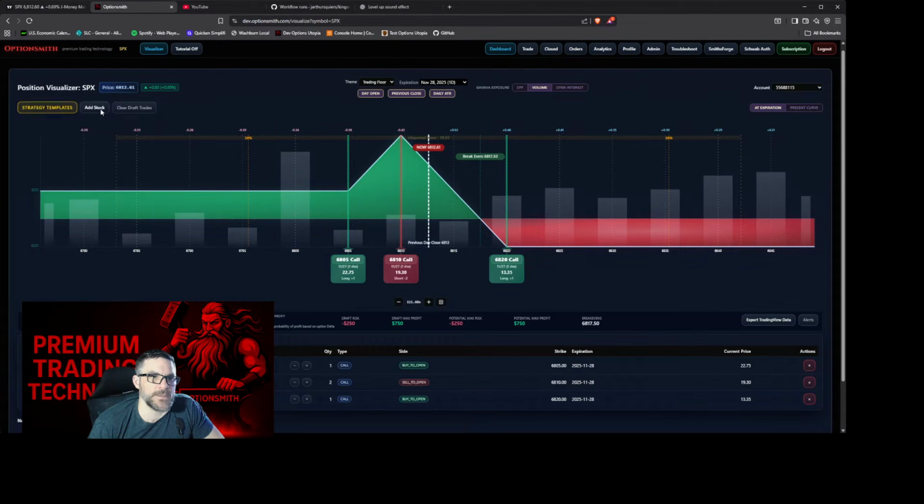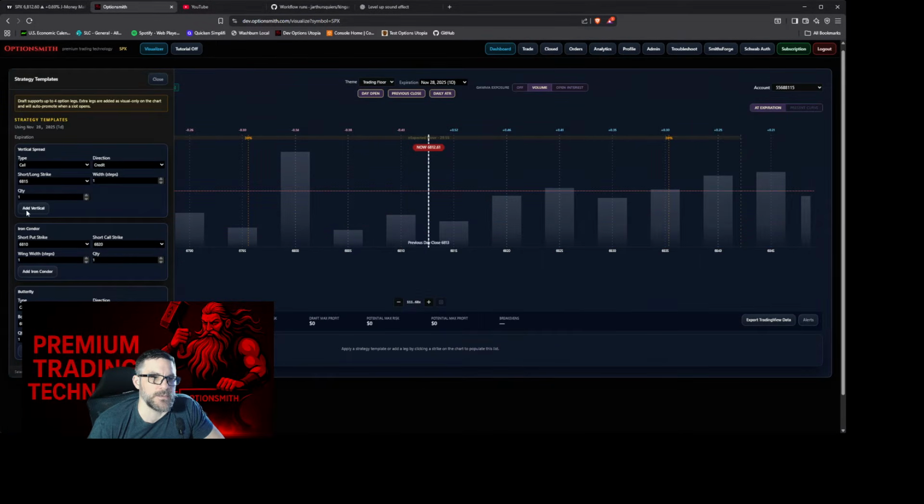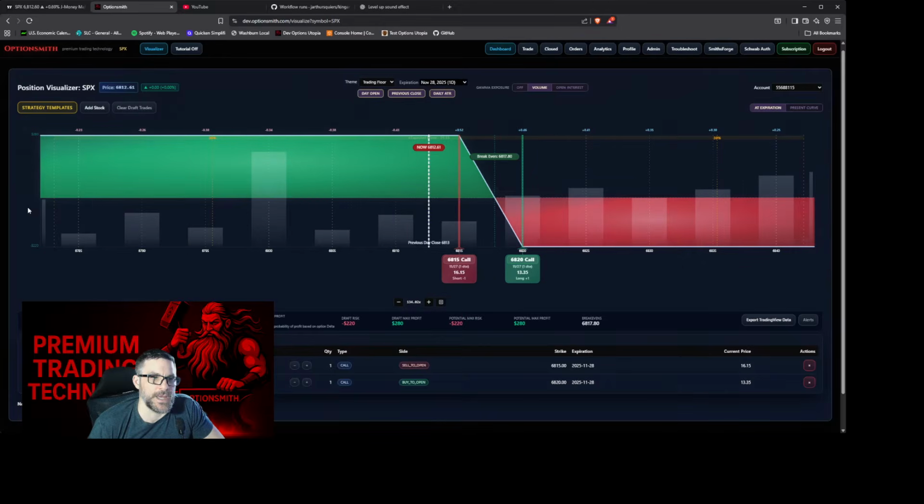When I'm setting up credit spreads, I, for example, will go in and add a short call for a bearish position close to the money, and then a long call right next to it. And so you can see that the structure for profit and loss looks like this, which is what we would expect.